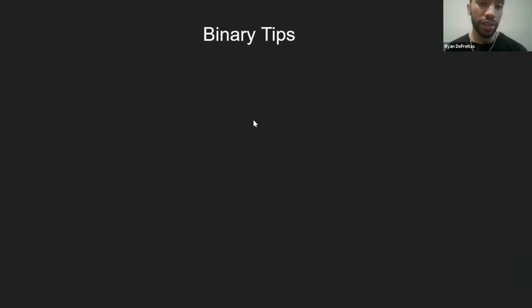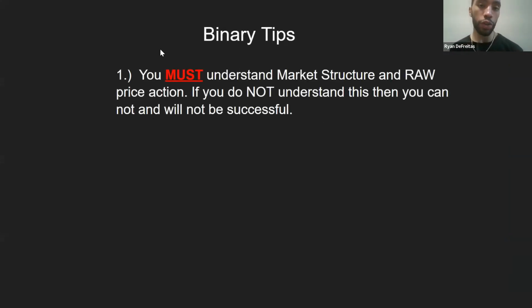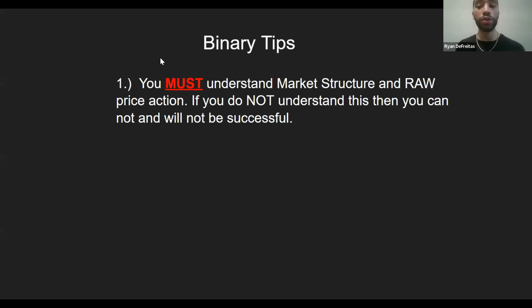Okay, so some binary tips really quick. You must understand market structure and raw price action. I don't care what strategy you use in any market, really, you need market structure, okay? But you really will never be successful until you combine it with the candlesticks, right?